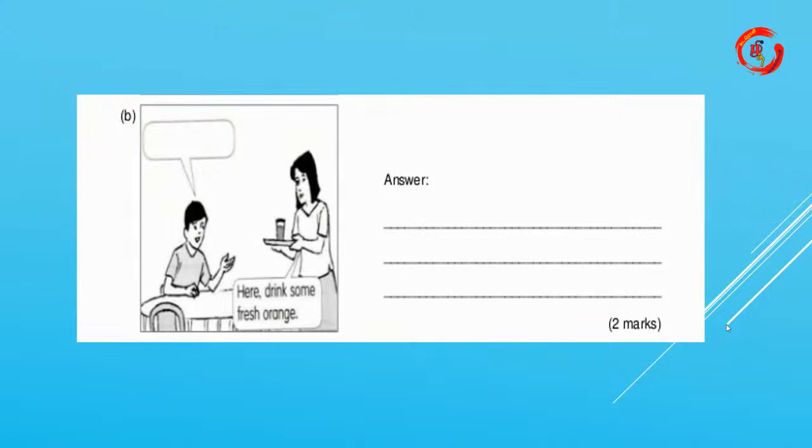The boy should have said something, and the mother is bringing a drink, and she's saying, here, drink some fresh orange. Think, what could have the boy said? Come on, so simple. I'm sure you always do this to your mom.